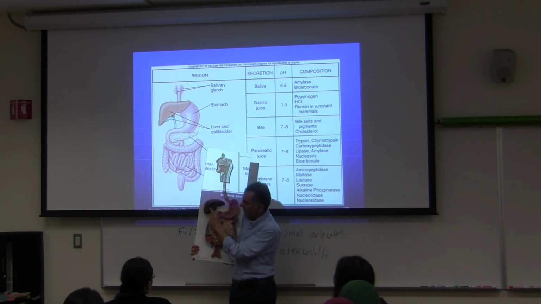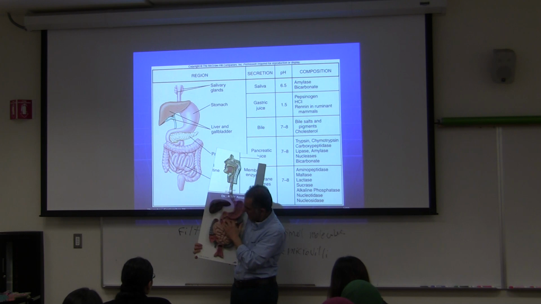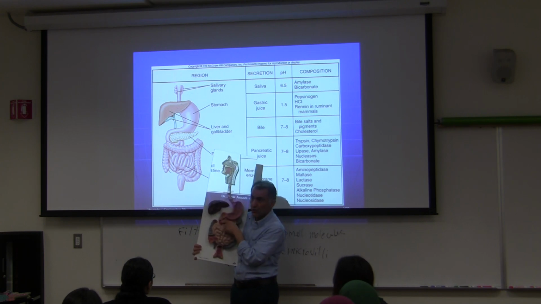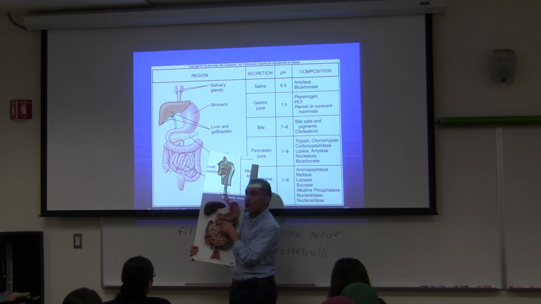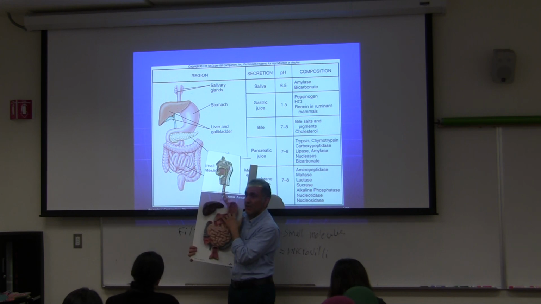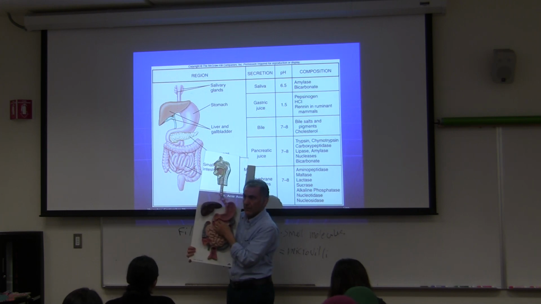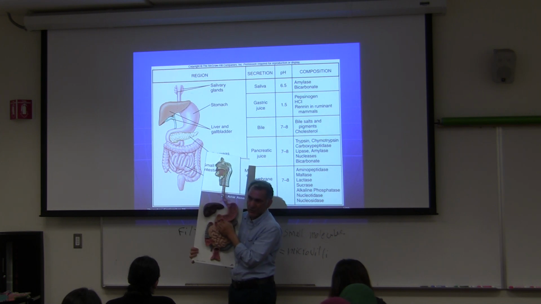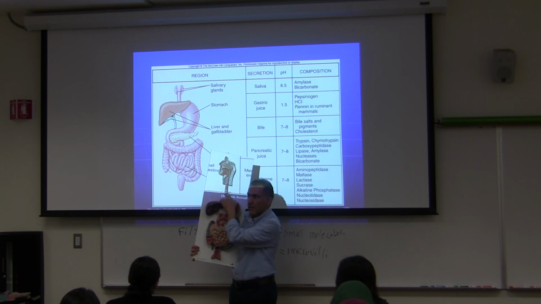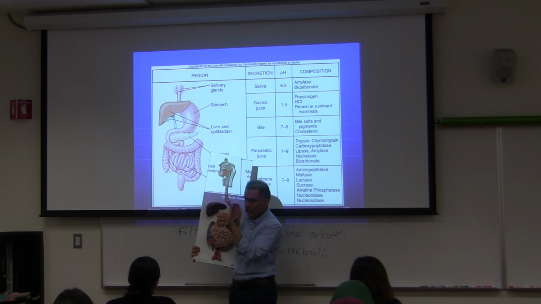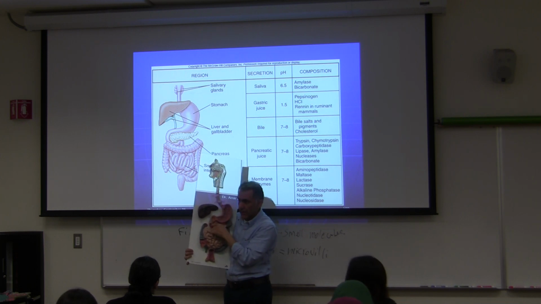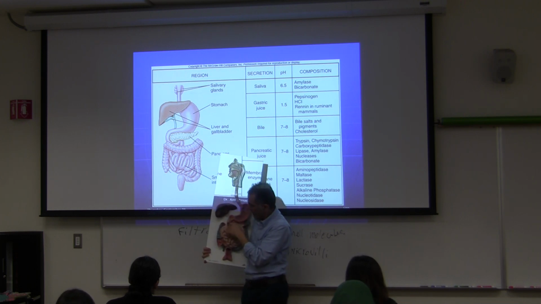Liver, gallbladder, pancreas. Pancreas releases this juice to the duodenum to neutralize the acid that is going from the stomach to the duodenum. And everything has to be back to normal again, close to pH of 7. Duodenum 7, esophagus 7, pH, close. Okay, so neutralize all of that food that is coming from stomach, goes to the duodenum.